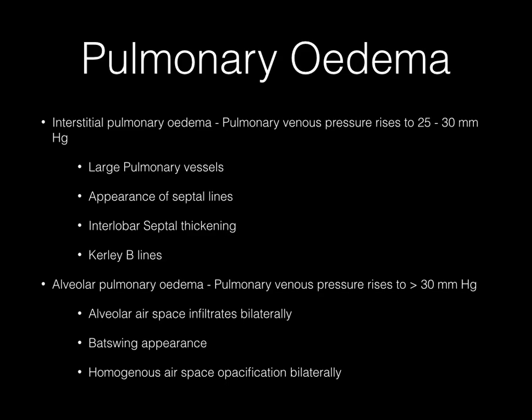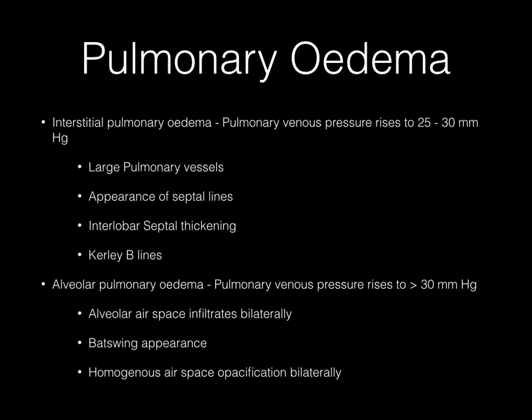On the other hand, alveolar pulmonary edema indicates the presence of fluid within the alveolar spaces, indicating the presence of an alveolar airspace opacification. And this usually appears bilaterally in a symmetrical fashion.